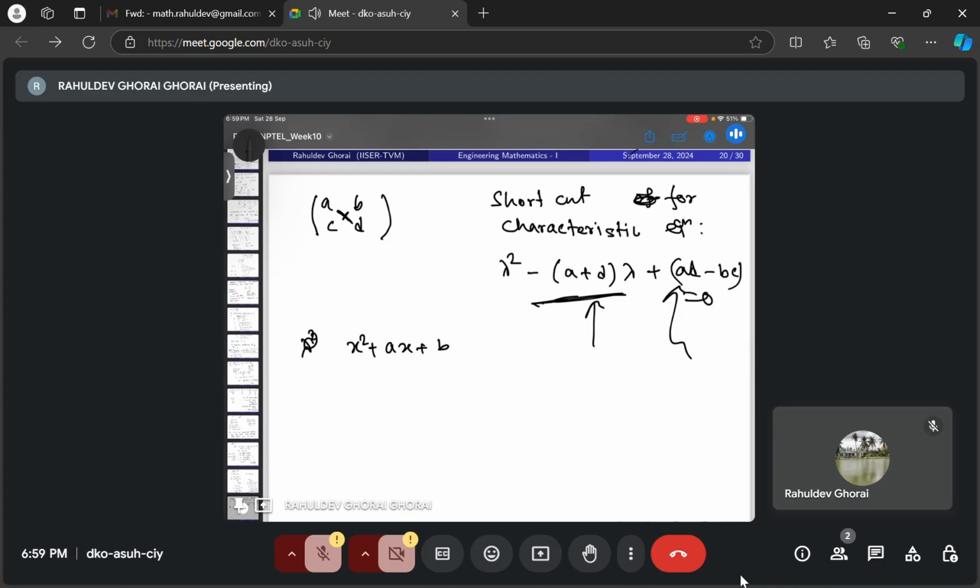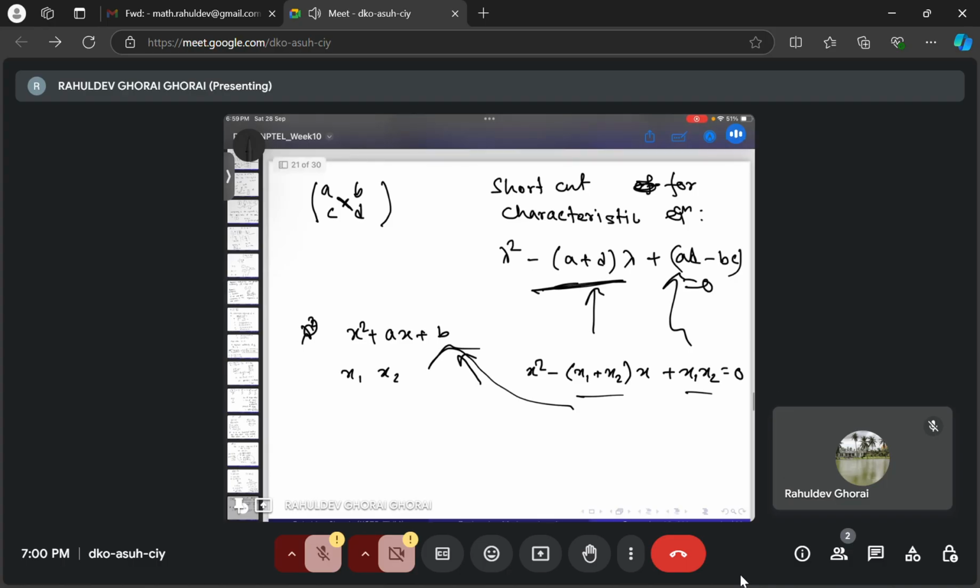If this has roots x1 and x2, then you can always write x square minus (x1 plus x2) times x plus x1 x2 equal to 0, and that implies that x1 plus x2 will be negative a, and x1 x2 will be b.